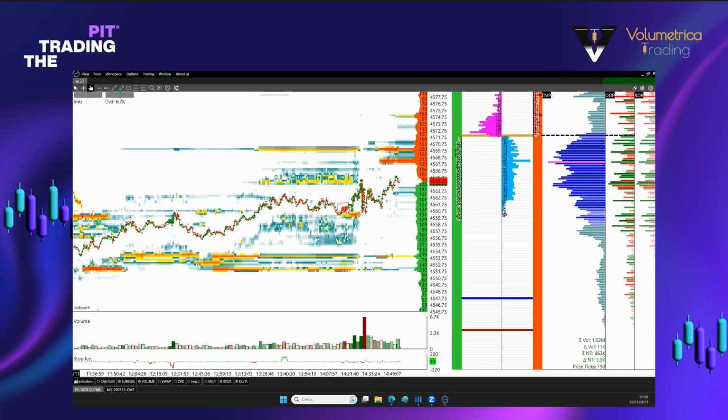This big red bubble right here. This bubble represents a nice amount of aggressive trades to the downside, so aggressive selling, apparently trying to hit this liquidity and eventually break through.